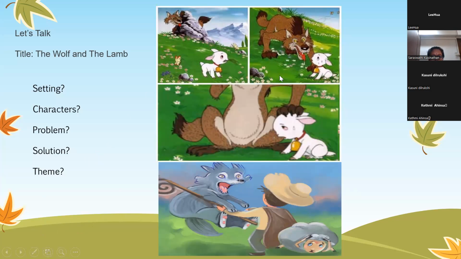Uditya, can you tell me the story for these pictures? Land and he come to eat lamb, and he say... Yes, the wolf was trying to eat the lamb, and then what happened?